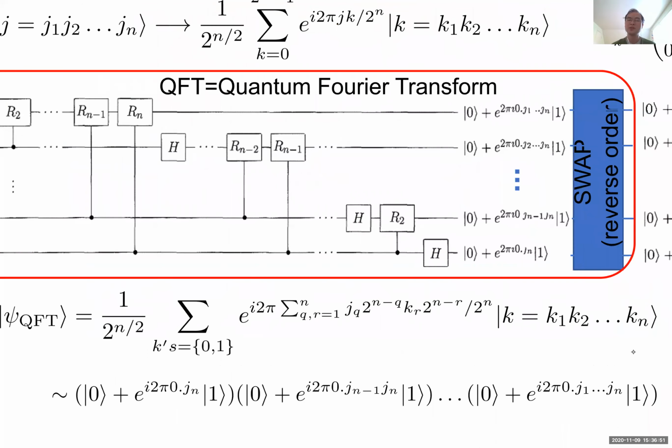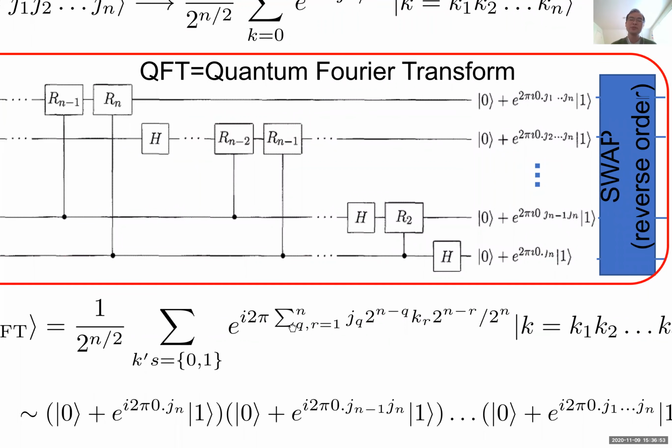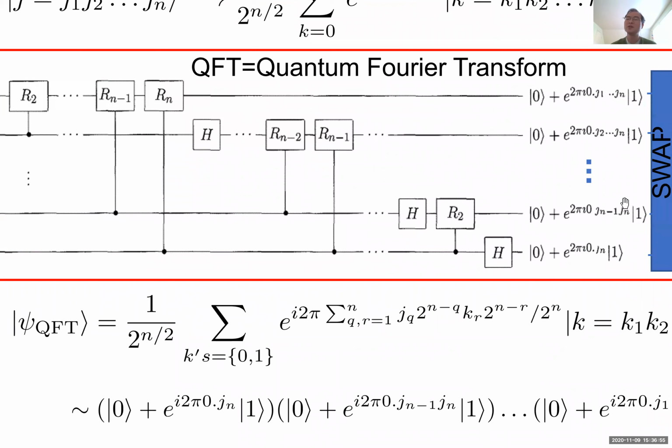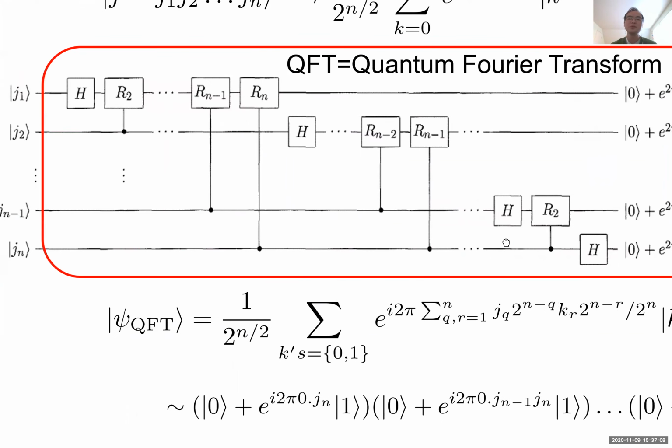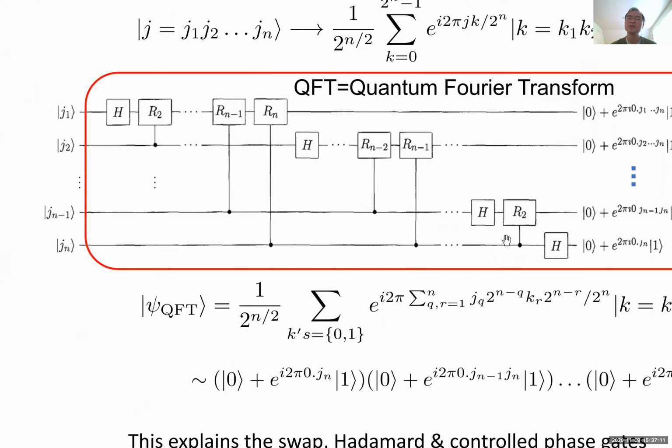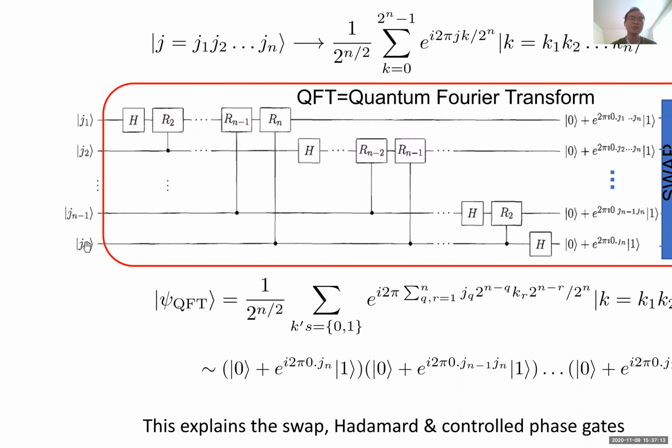Okay, let's come back to here. You see the structure that this Jn appears everywhere on this side, right? But the digit is slightly different. So this gets shifted 1 digit. So you need to do a control unitary, right? If Jn is 1, then I add a phase to that with the appropriate digit.